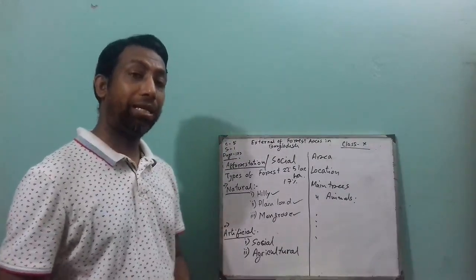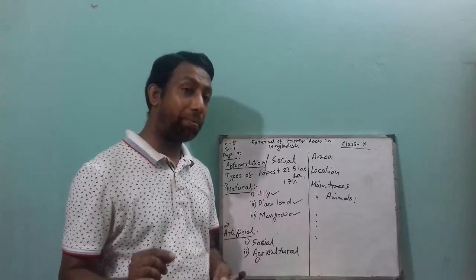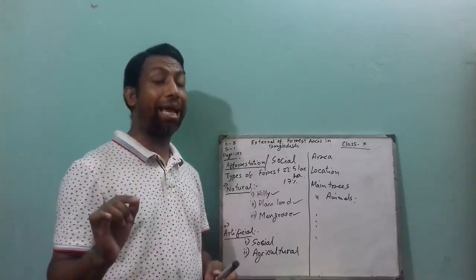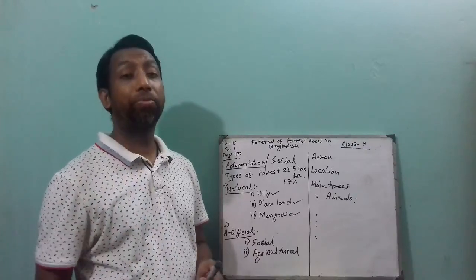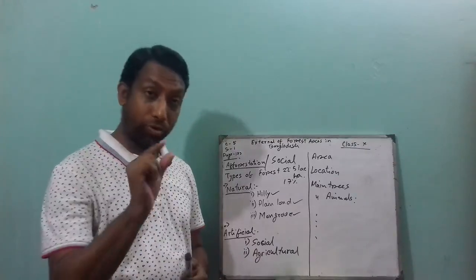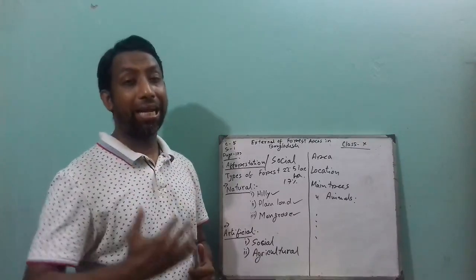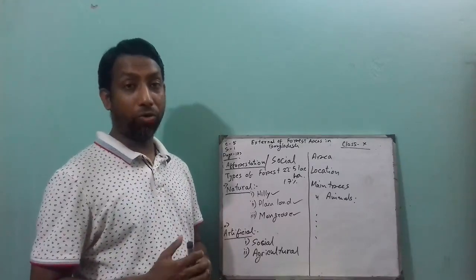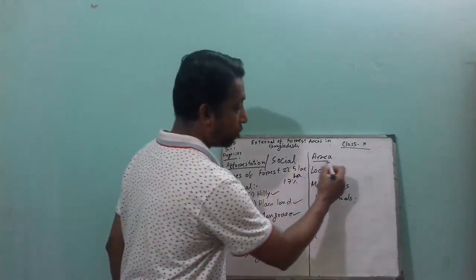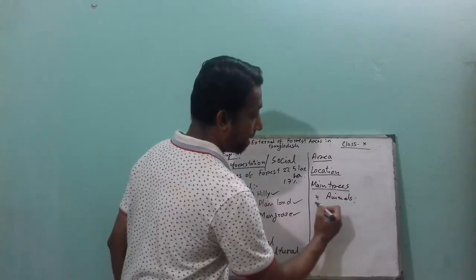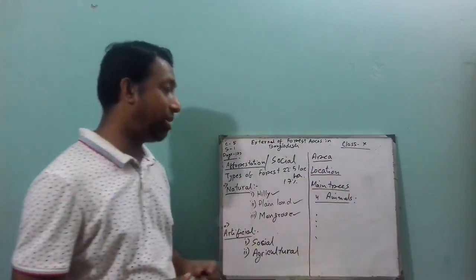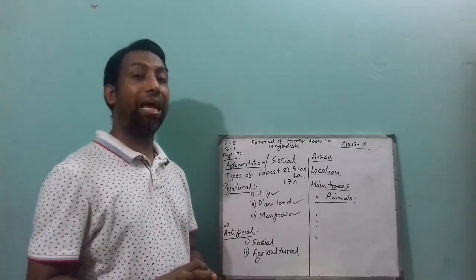Then it will improve your writing as well as increase the marks. You have to write short but get more marks. So mention in the exam area, location, main trees and main animals like this.